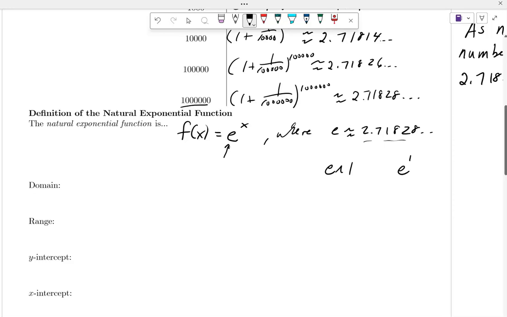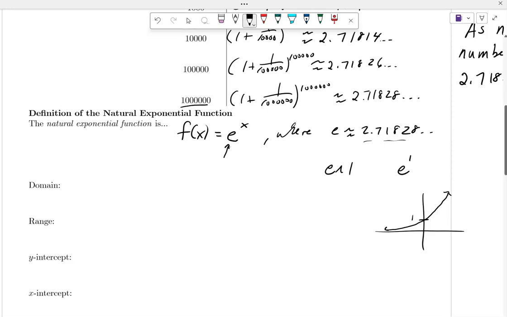So you should already know what the graph looks like, right? When the base is bigger than 1, what does the graph look like? I just drew it a minute ago. Yeah, it goes up and to the right. Where does it cross the y-axis again? At 1. All of them cross at 1, right? Okay.